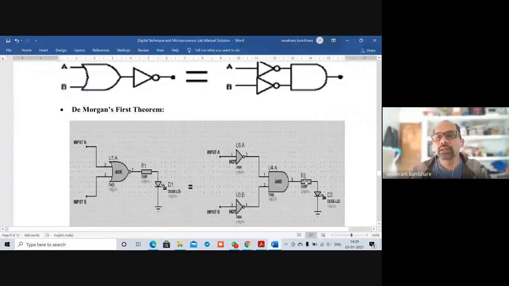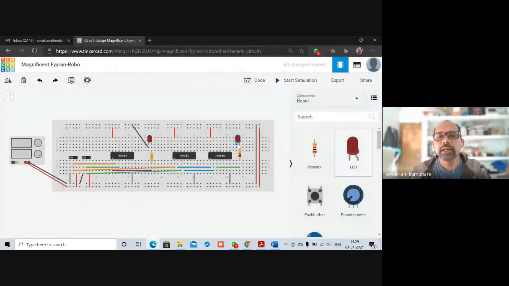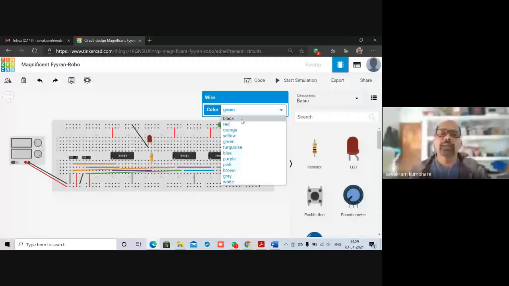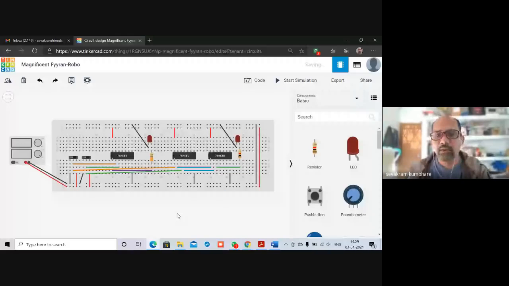So I will bring another LED and keep it over here. Now this is the anode, which is already connected to the resistor internally, as we have kept it in a single column, and this is connected to ground. So this is, let us say, blue. So like this we have made the connection. I hope everything is proper. You can cross verify it.